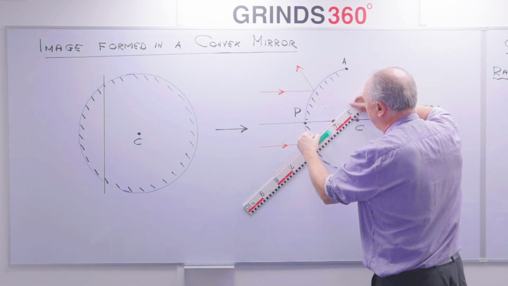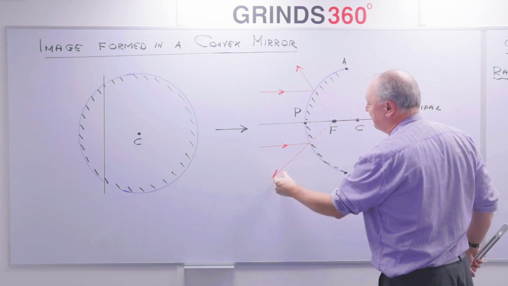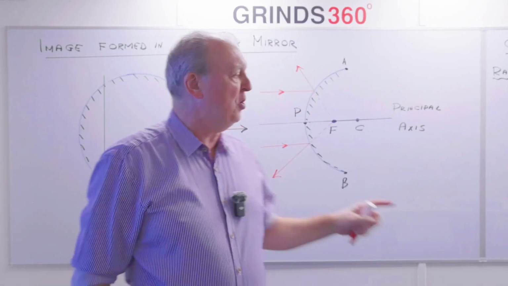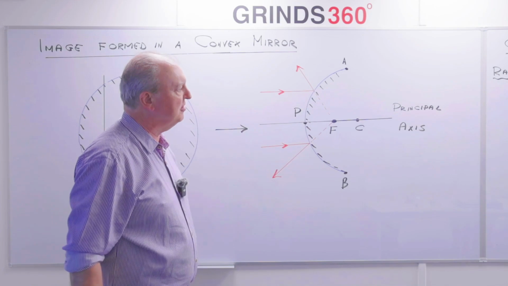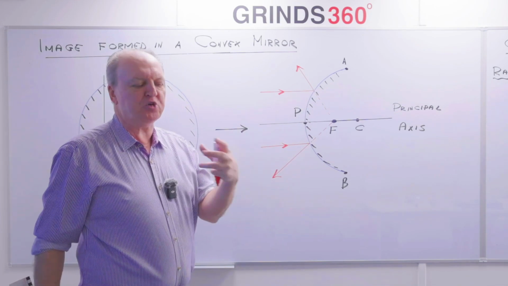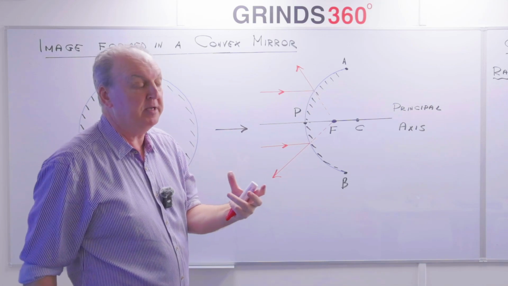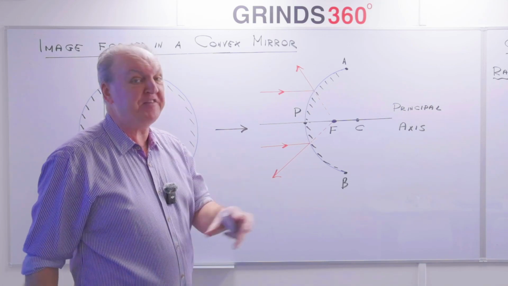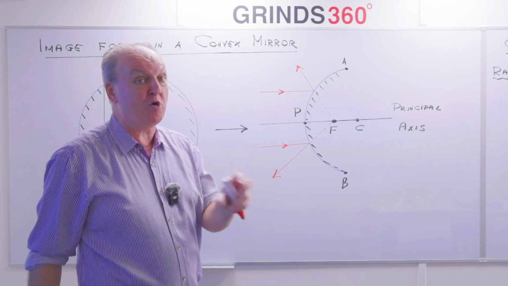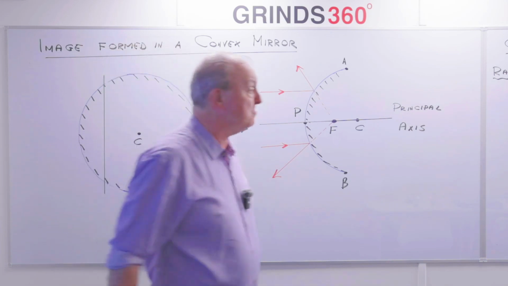And there's the broken line showing where it came from. So all rays of light parallel to the principal axis will get reflected as if through the focus. Now, once again, let's talk about construction rays. What's a construction ray? It's a ray whose fate I know, where it's going to end up. As a result of that, I can form images in convex mirrors.